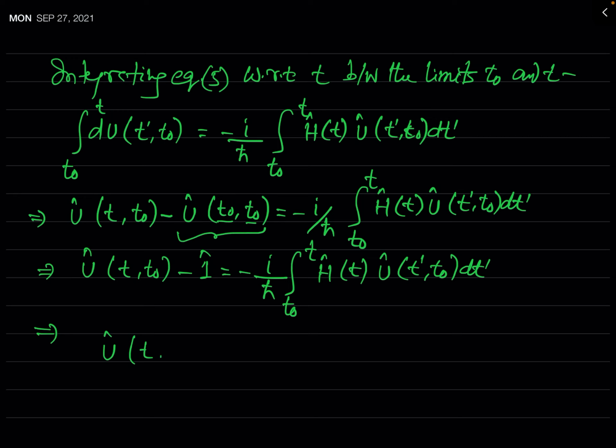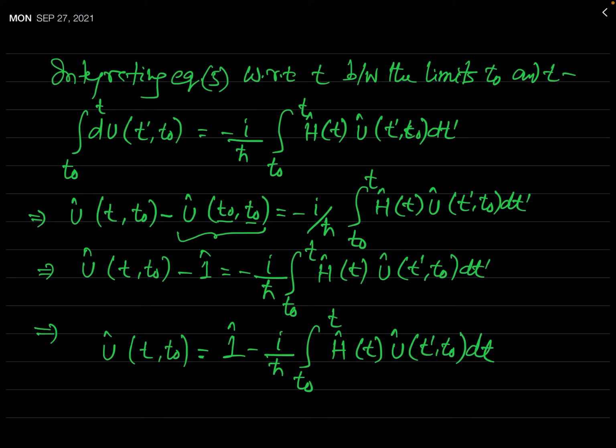Now see, this is u of t, t naught equal to 1 hat minus i over h bar integral t naught to t, h hat of t, u hat of t prime comma t naught, dt prime, and say this is equation 6.